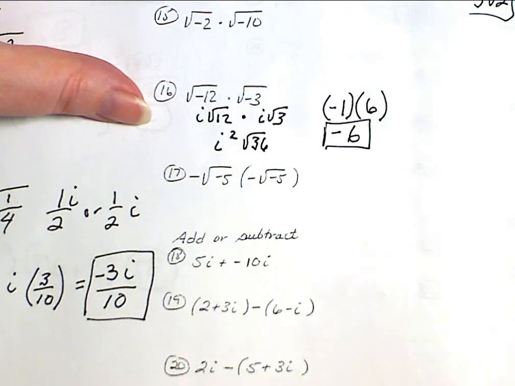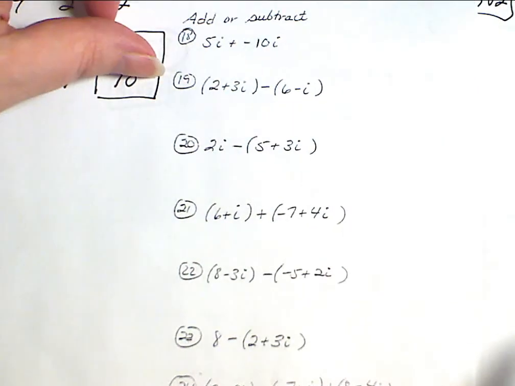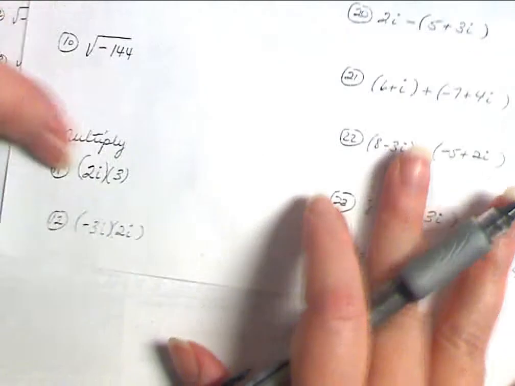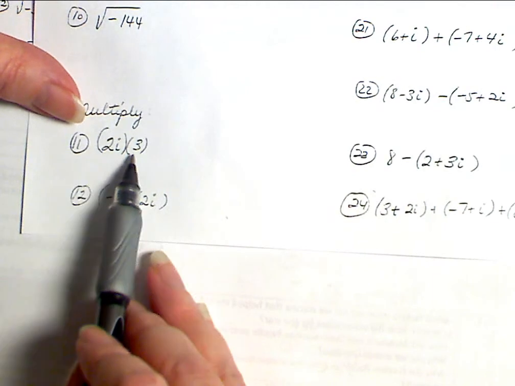I will tell you that 18 through 24 are the easiest ones, and we'll do a couple of those. Number 11 or 12. 2i times 3. 2 times 3 is 6i.